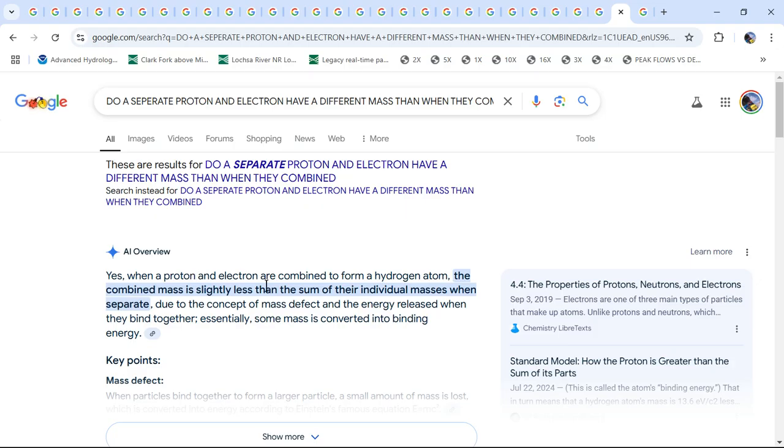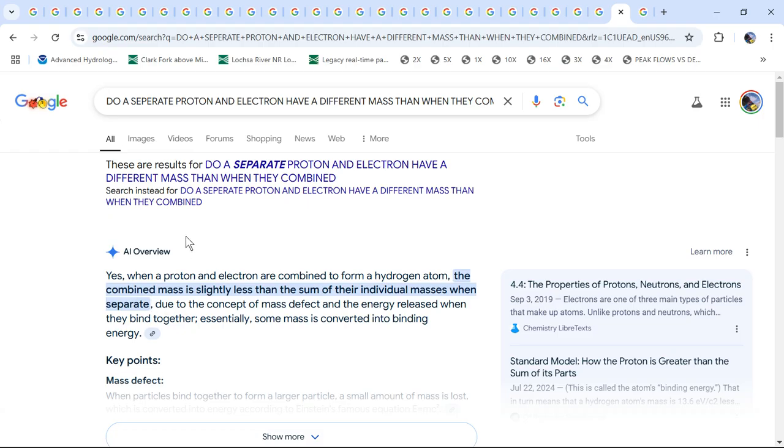Yes, when a proton and electron are combined to form a hydrogen, the combined mass is slightly less. So a free proton and an electron has more mass. Interesting. When they combine, the mass is slightly less than the sum of their individual masses when they separate.